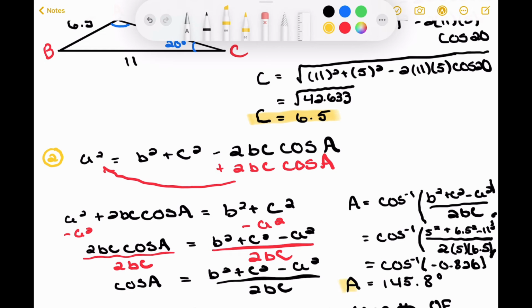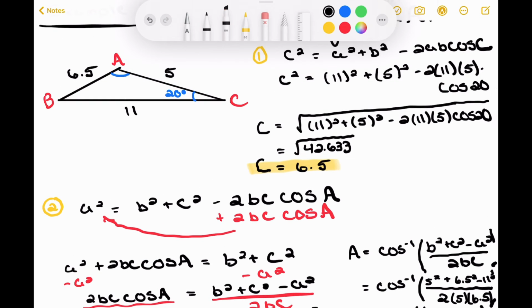So that is our solution for A, which we can go up and write in as 145.8 degrees. And that should make sense. Based on the angle, it's a lot greater than 90, obviously. It's an open, very large angle. So we would estimate it's going to be somewhere in that 150, 130 range. That would be pretty typical for an angle that looks like that.